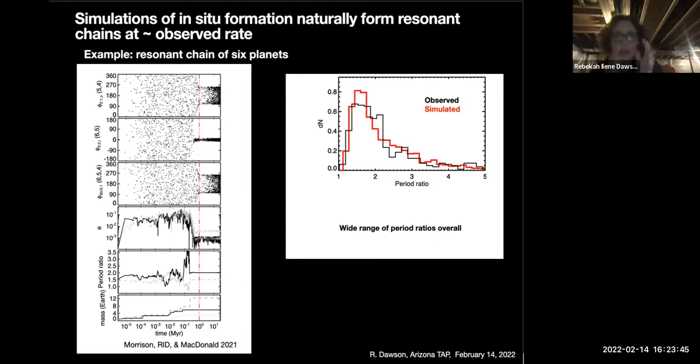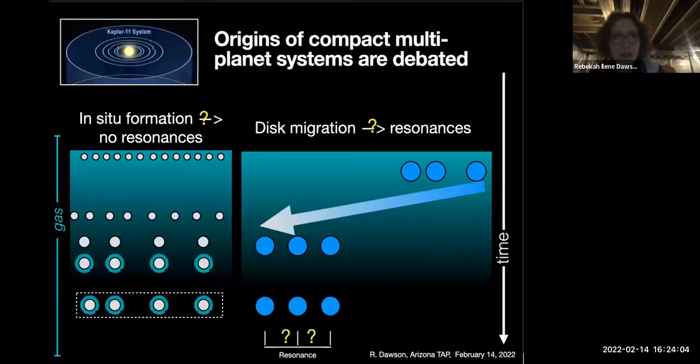We can also make that wide range of orbital period ratios. Here I'm comparing the observed and simulated, and overall it's a wide range, and then there are a few special systems that are in resonance. So I think we can now put a question mark here as well and say that in situ formation doesn't necessarily imply no resonances.